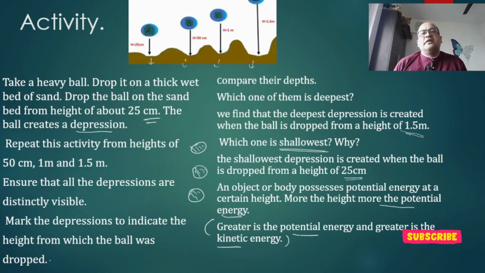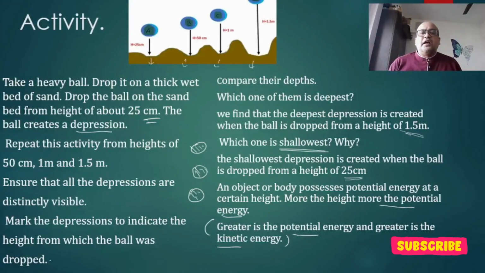Greater the height, greater is the potential energy. Greater the potential energy, greater is the kinetic energy. Student, I'm sure you have understood today's part, that is, what is energy, what is the unit of energy, and how height is related to potential energy.